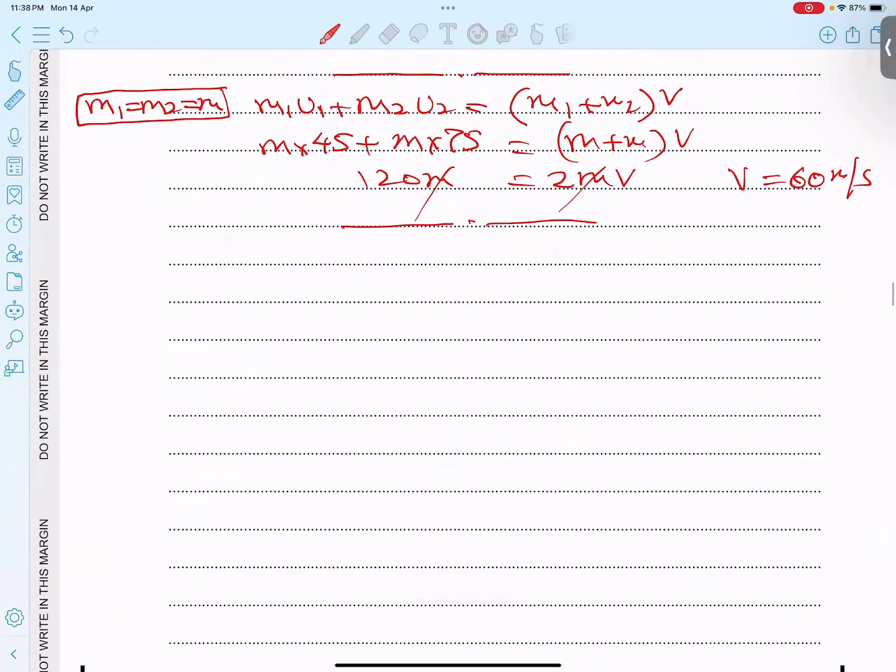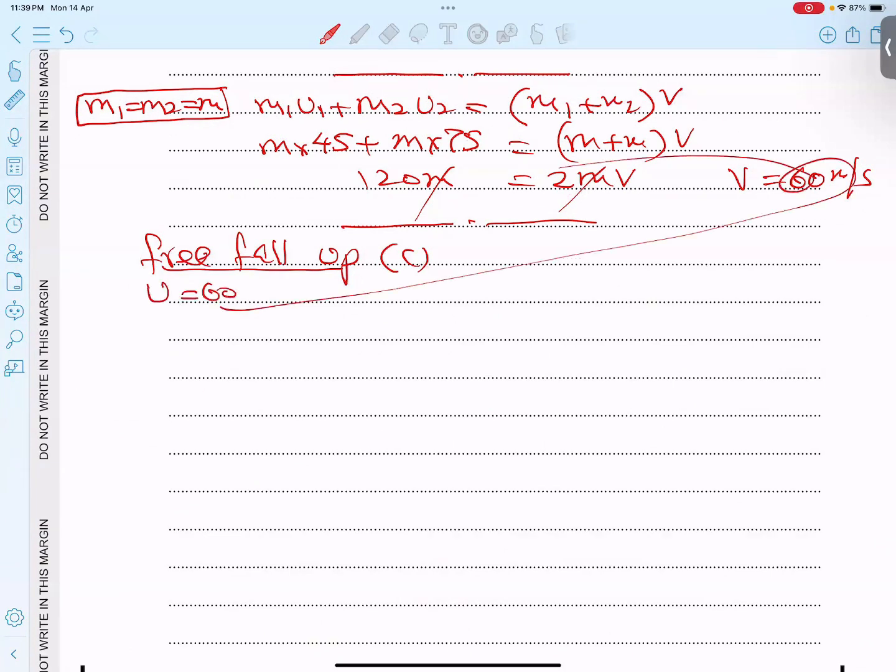I'll say free fall, upwards motion for particle C. So U is 60 now, and gravity is -10, the last velocity is 0. I will find two things: the distance traveled, and the time as well.